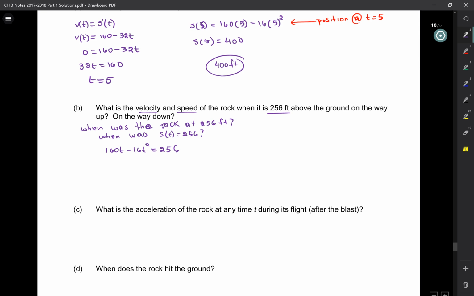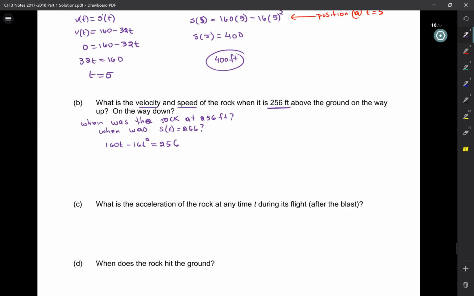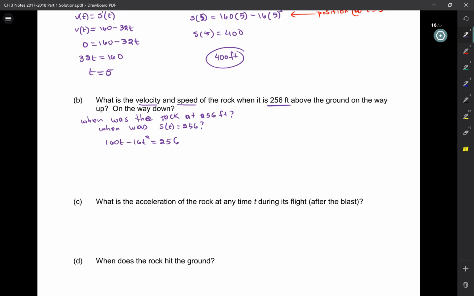Okay? All right, so first of all, there are too many 16s here. Can I divide the whole thing by 16? Why not? Okay, so 10t minus t squared is equal to how much? What's 256 divided by 16? So now, look at that, a quadratic equation.